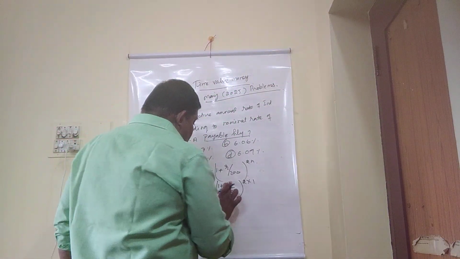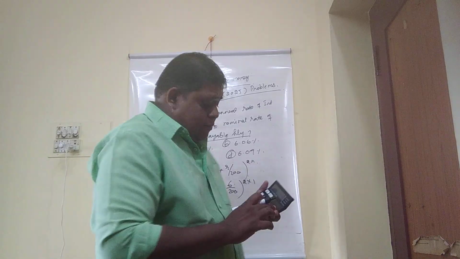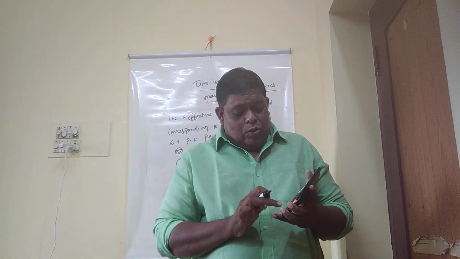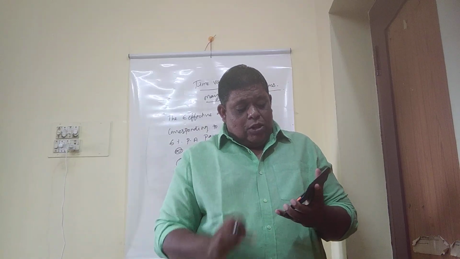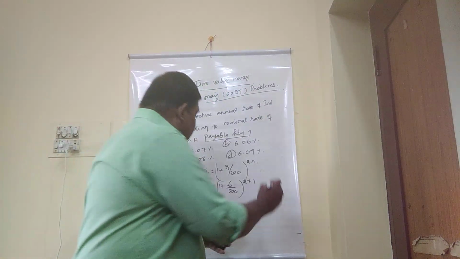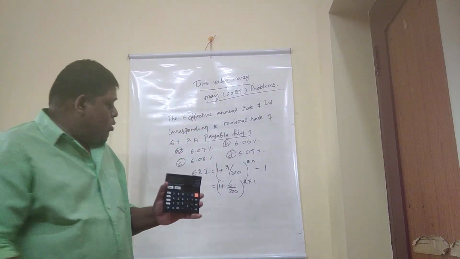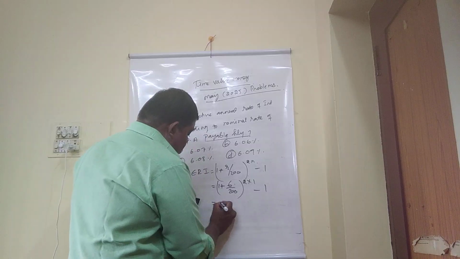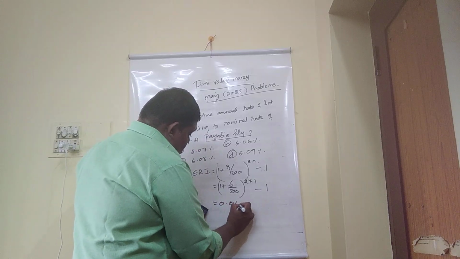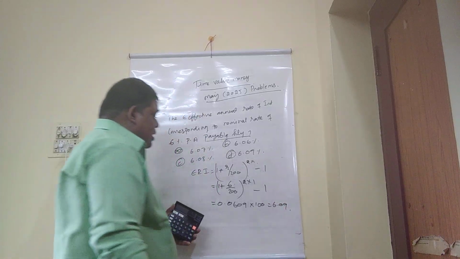So R is equal to 6%, and 6 divided by 200 plus 1 is 1.03, to the power of 2 years, that is 1.0609. Minus 1 gives 0.0609. Into 100 is 6.09 percent.